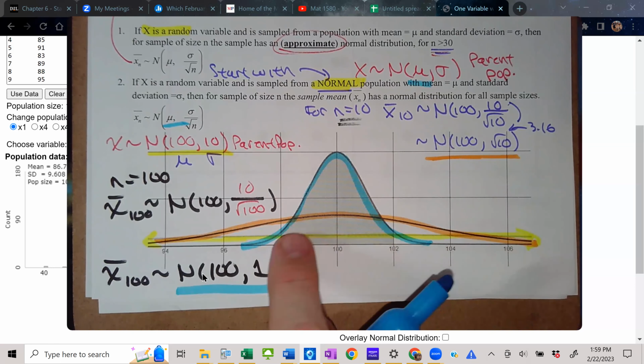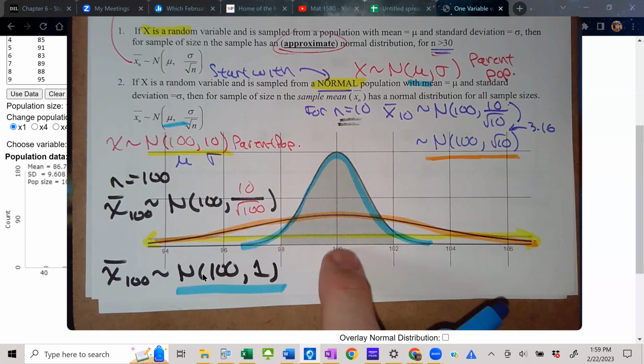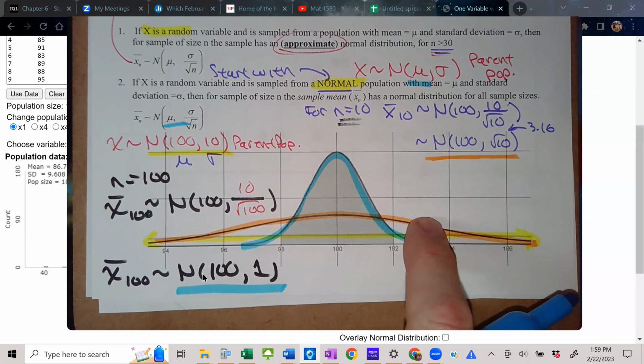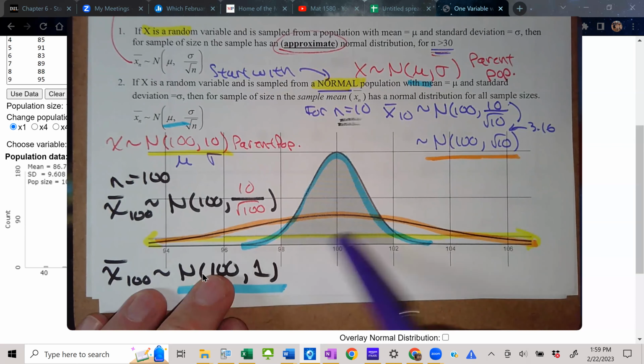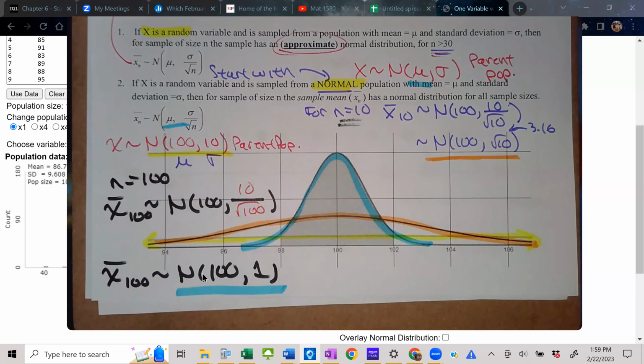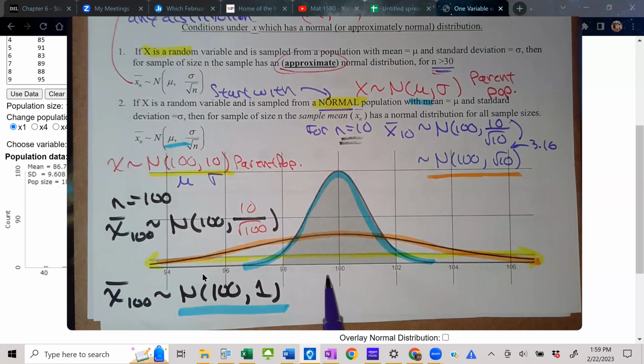You're not as likely to get close to the true population mean with the orange curve as you are with the blue curve. So what that's suggesting is that as much as possible, you want to use a larger sample size to try and estimate this population parameter. But that's not the kind of problems we're going to do now. Let's take a look at the ones we're going to focus on.